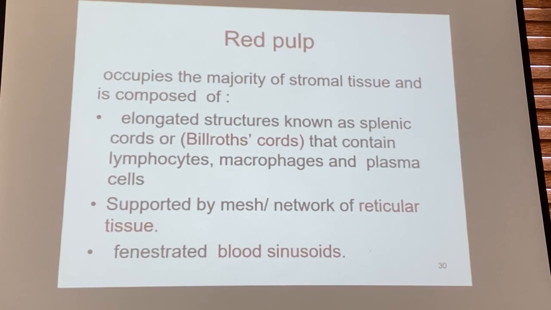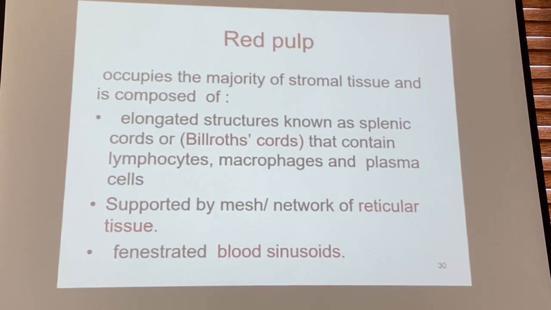So it is a lymphoid tissue in the form of cords and containing lymphocytes, macrophages, and plasma cells. Supporting these cells is a mesh of reticular tissue, with a rich blood sinusoid network of the fenestrated type.